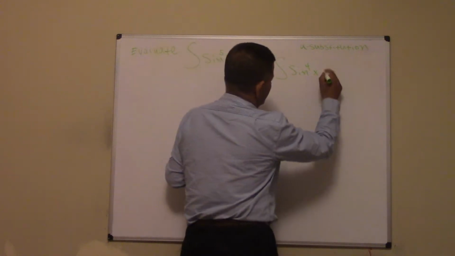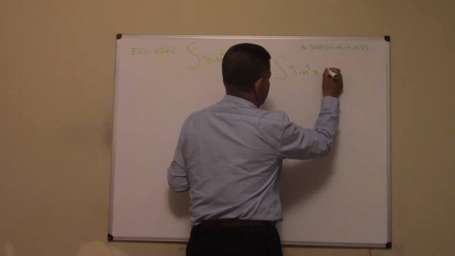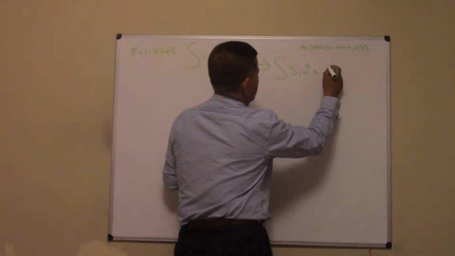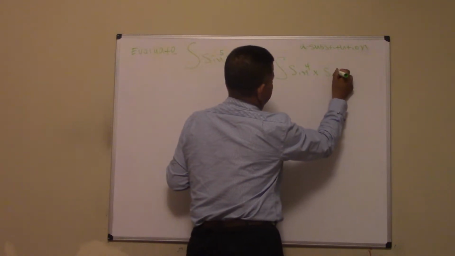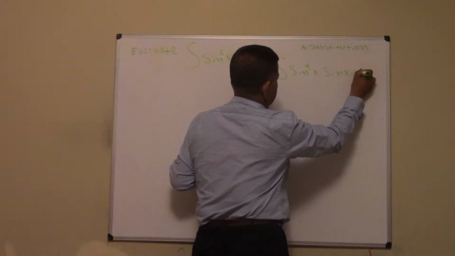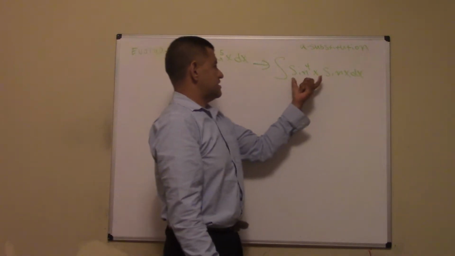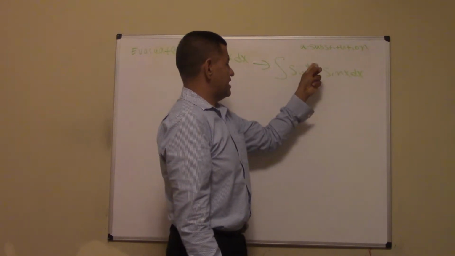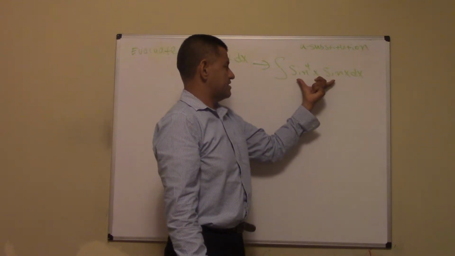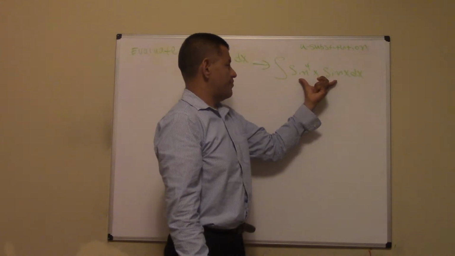And then we can just put another sine of x and then dx, right? Because technically this is the same thing. If I multiply this again, I will get sine to the fifth power here.